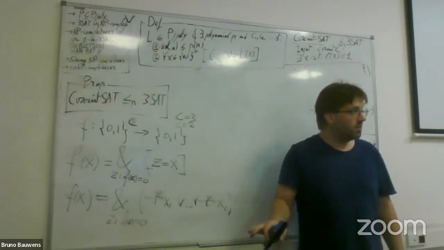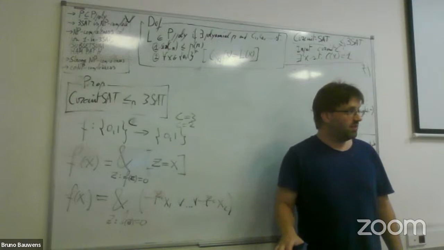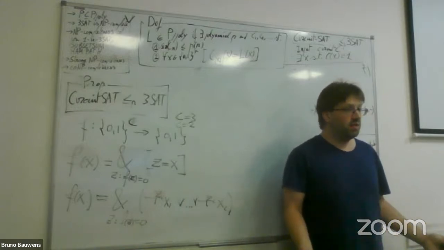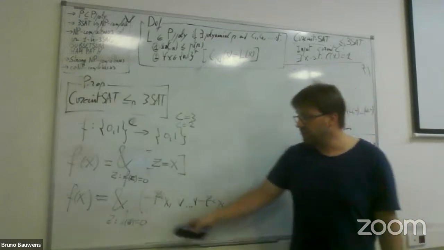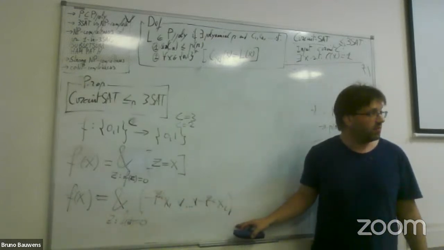It's the only thing. I don't tell you the reduction yet. The reduction still has to come. I just say if I want the function, then I can evaluate its value using 3CNF.